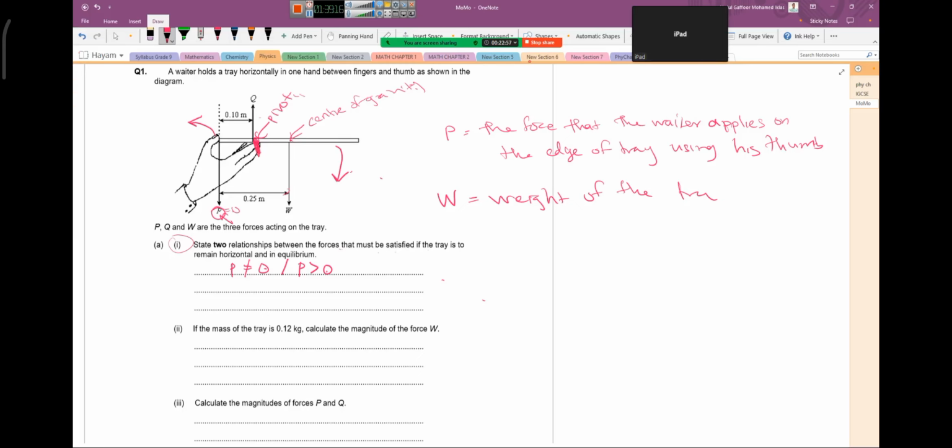So now we can tell that about this point, there will be an anti-clockwise moment and a clockwise moment. So we can write P into 0.1 is equal to W into this distance. What is this distance?